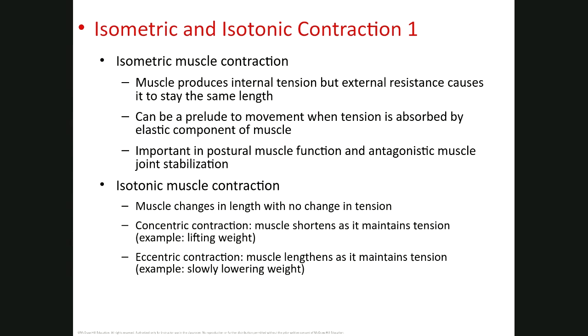Two other items before we go to the illustration: concentric contraction, when the muscle shortens as it maintains tension, and eccentric contraction, when you lengthen the muscle as you lower the weight. In essence, concentric contraction is your forward movement where the insertion approaches the origin.